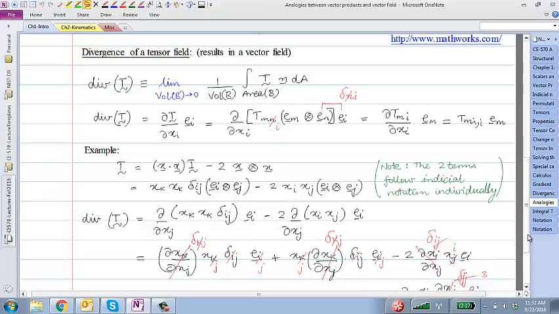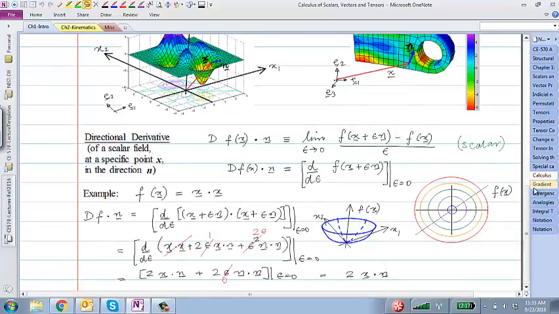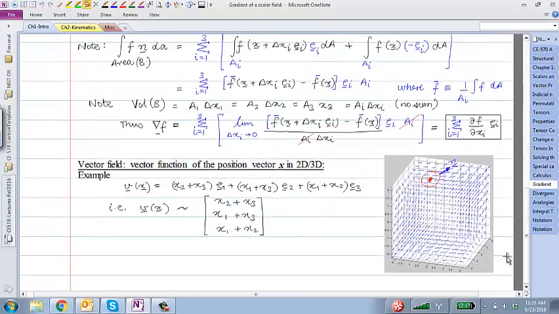I pointed out again that the definition of that divergence is very similar to all of the other derivatives that we've created: flux of the tensor field, which is measured by T acting on n on some surface. So for example, if I go back to one of my velocity fields down here.